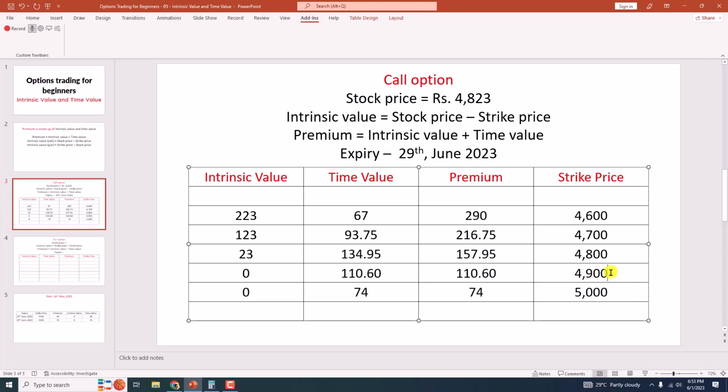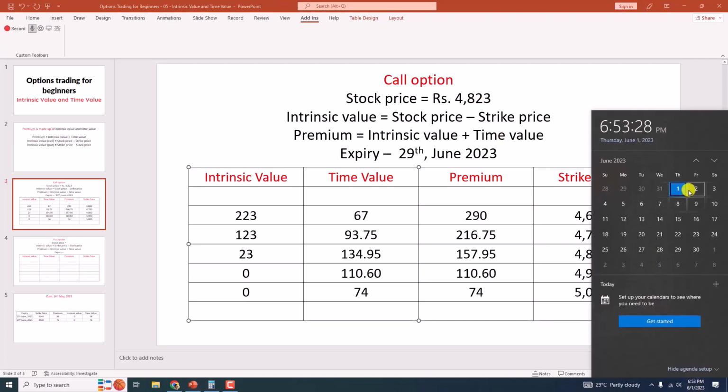Now, how many days do I have for that to happen? How many days have I got for the stock price to move beyond this? I have these many days, correct? 2, 3, 4, 5, 6, 7 till 29.